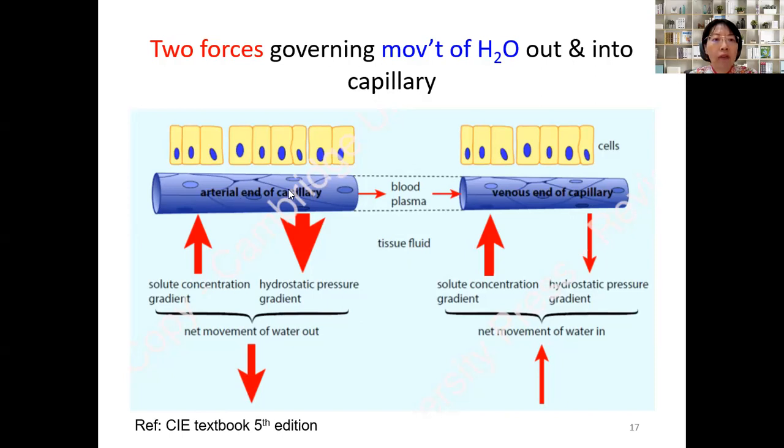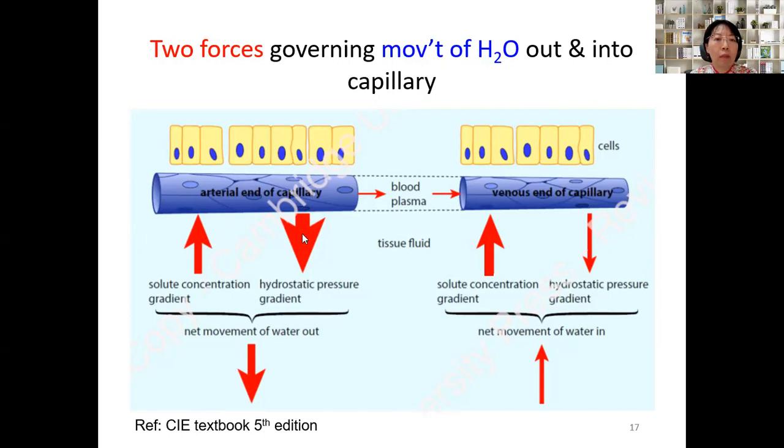In the arterial end of the capillary, there are two forces that act on the water, which is the blood plasma inside it, which eventually cause the blood plasma to leak out from the capillary through the gaps between the cells at the wall into the tissue fluid.